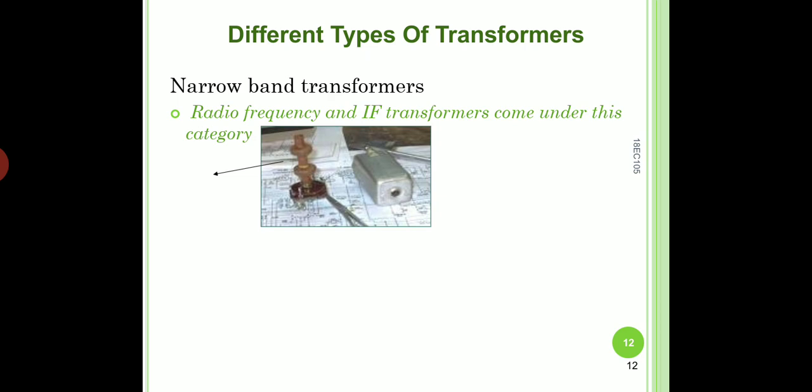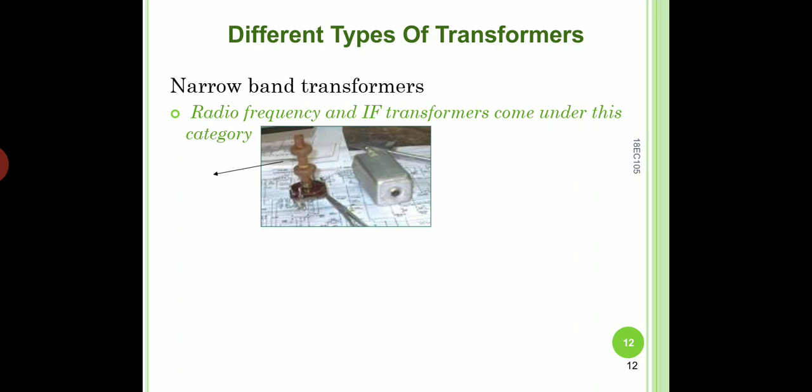For example, in a radio receiver, you have the RF amplifier as the first circuit or the input circuit. Our radio receiver is going to work from 550 kilohertz to almost 1800 kilohertz, and our audio frequency range is only 20 kilohertz.